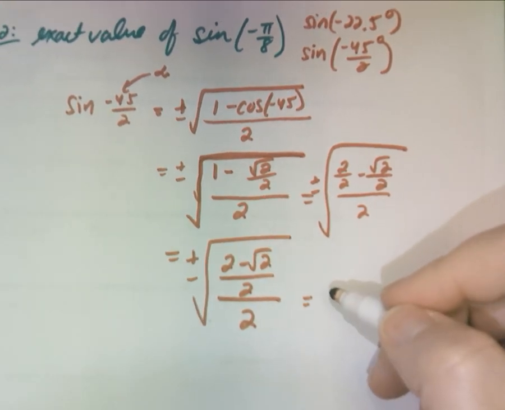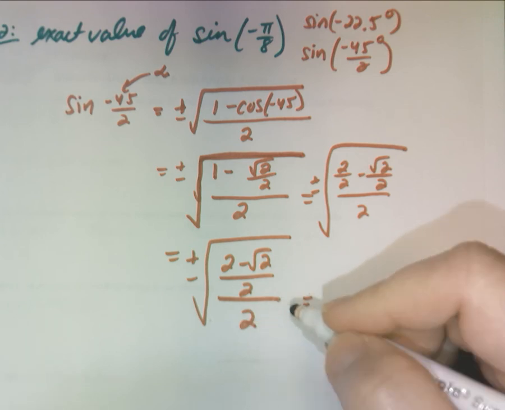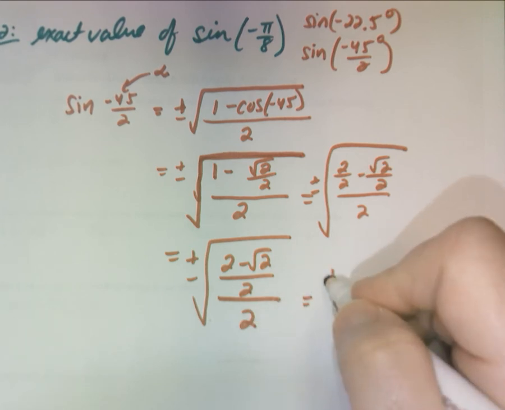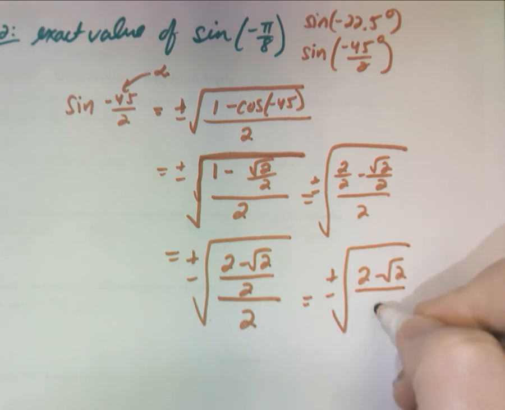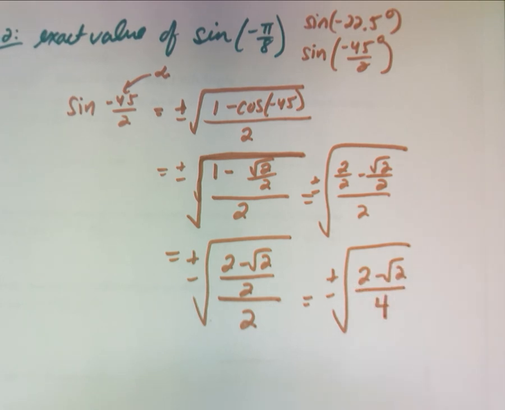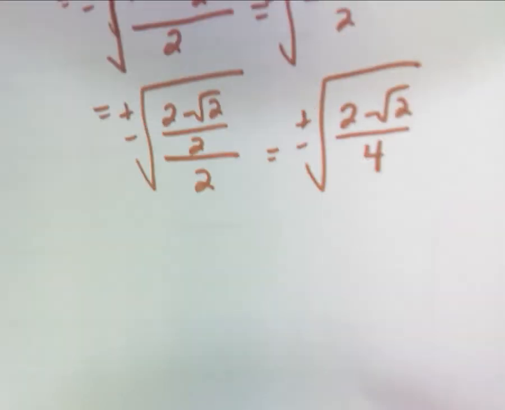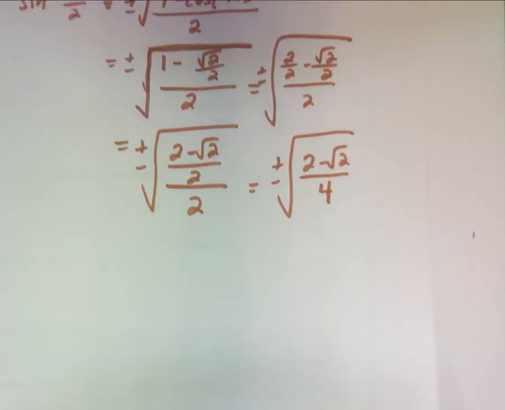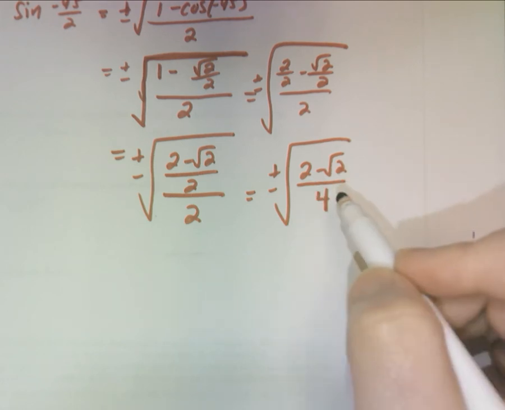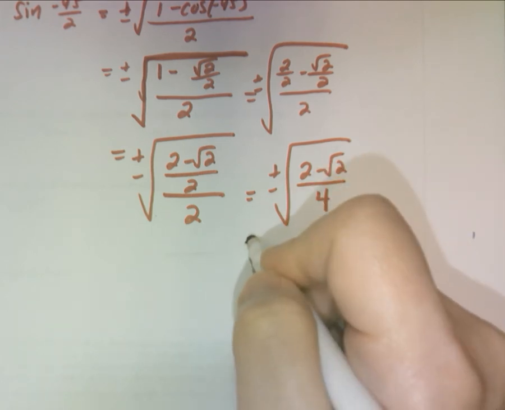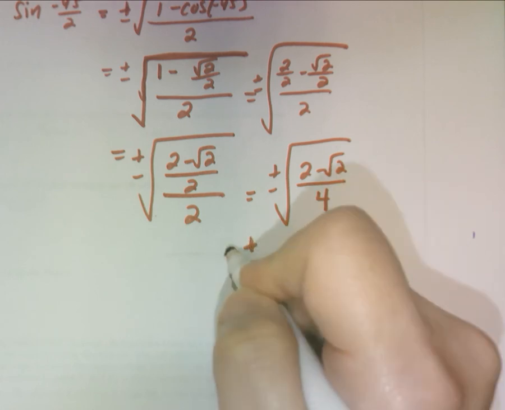So I hope you figured it out, but what does that mean? This would be then plus or minus the square root of 2 minus root 2 over 4. And then we're just going to clean this up. And we're going to rewrite this as, it's going to be weird, you're actually going to separate the radical.